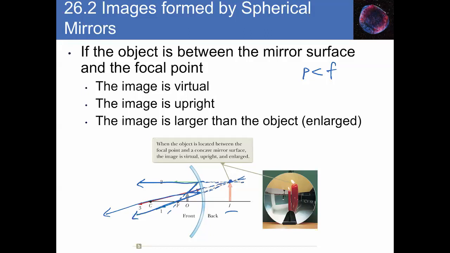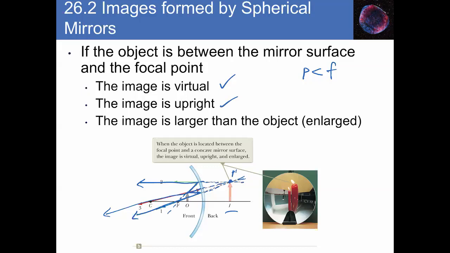And then you can see, right, the image is virtual because it's behind the mirror. Image is virtual because no actual rays go to that point. Let's say that's P prime, right? And so it's upright because every virtual image is upright.